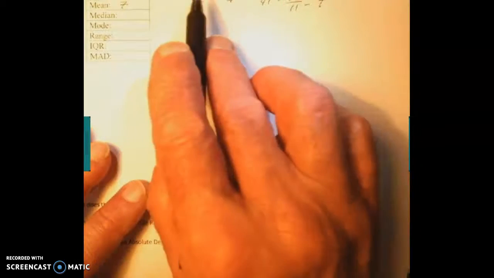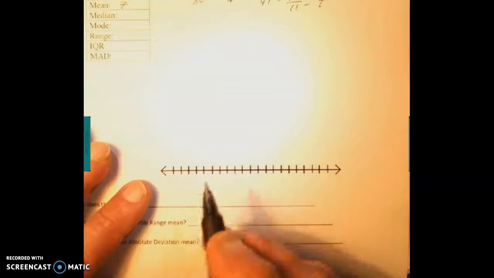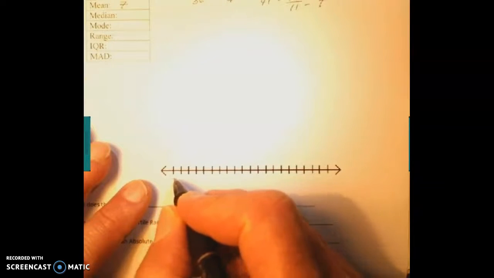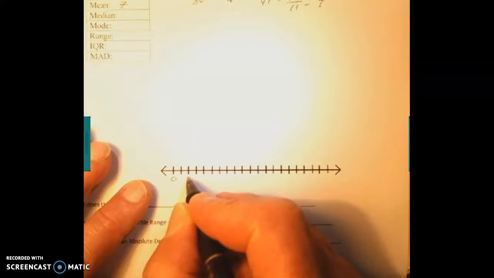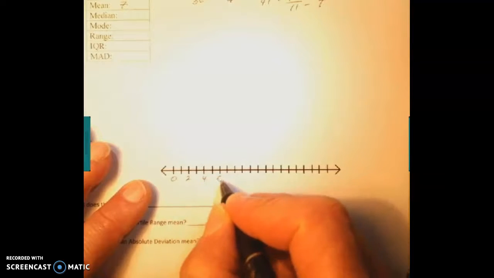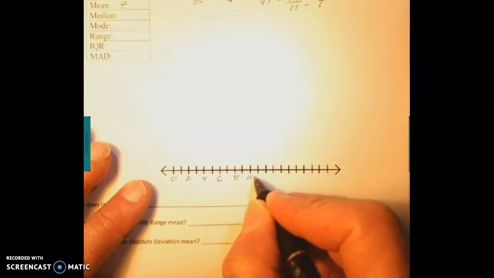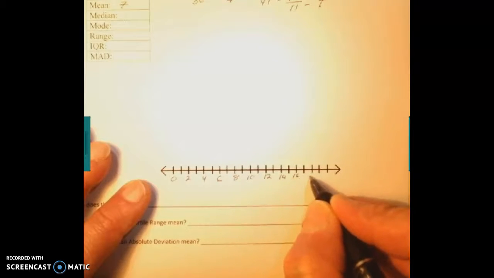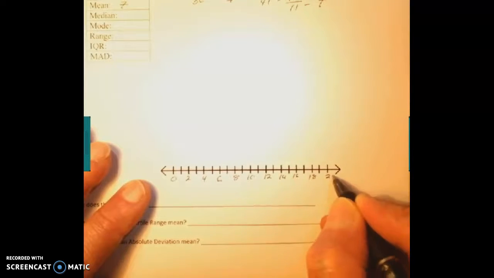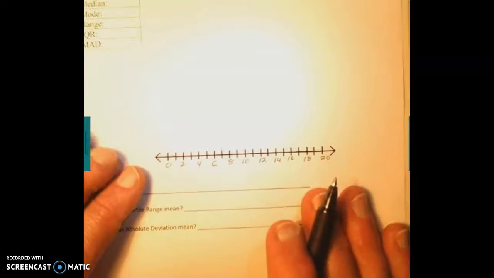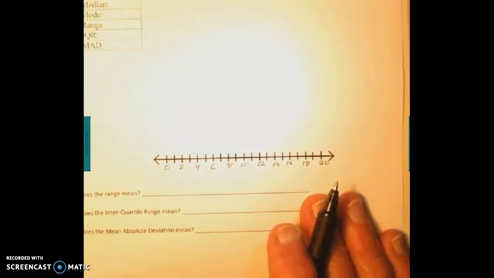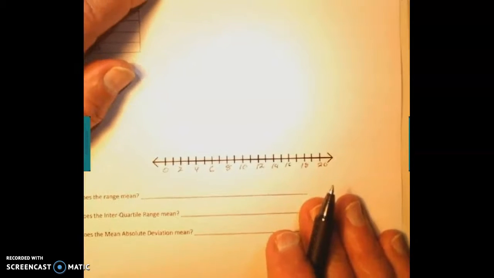We really only need to go from 3 up to 11, it looks like, but I'm going to go ahead and number this anyway to fill it in: 0, 2, 4, 6, 8, 10, 12, 14, 16, 18, and 20. And again, your dot plot starts with a number line. Then, plot each of your data points.